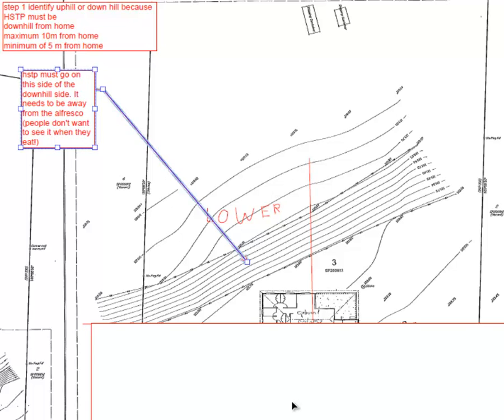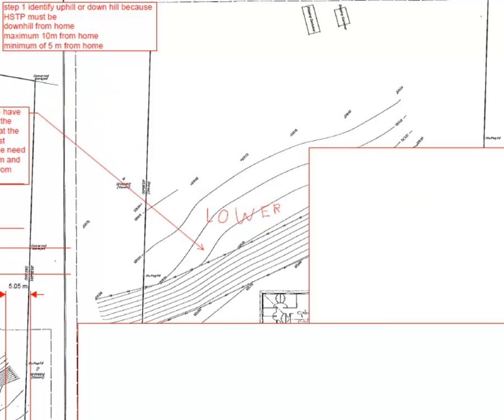So just to recap, you identify which side of the house is downhill, and then you identify which side of that half of the house is looked at the least. Or in other words, what side will you not see when you're eating or looking out your windows?